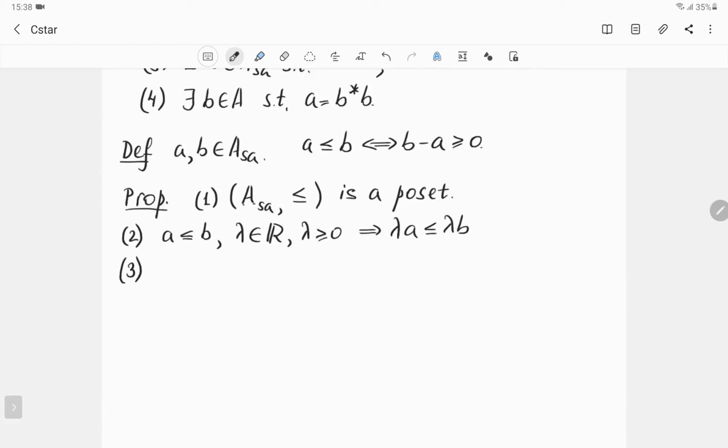Property 3, the order relation is compatible with the sum operation. Namely, if A1 is less than or equal to B1 and A2 is less than or equal to B2, then A1 plus A2 is less than or equal to B1 plus B2.